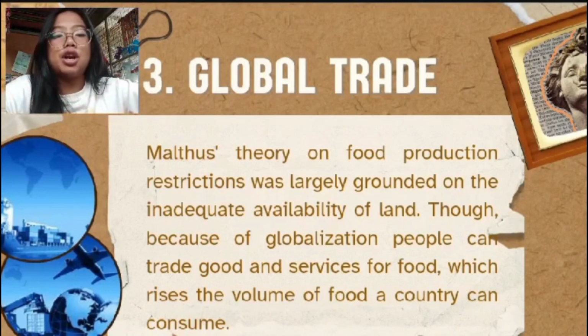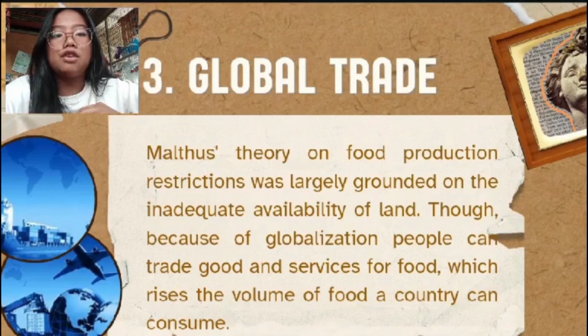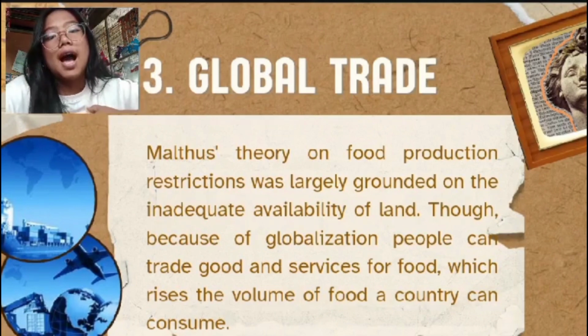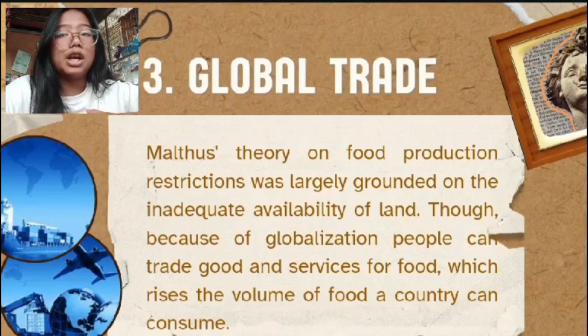Malthus' theory of food production restriction was largely grounded on the inadequate availability of land. Because of globalization, people can trade goods and services for food, which raises the volume of food a country can consume. However, the Malthusian theory does not account for the effect of global trade.